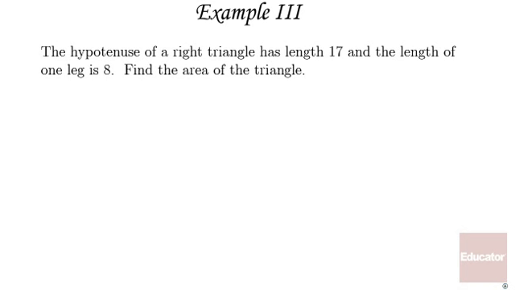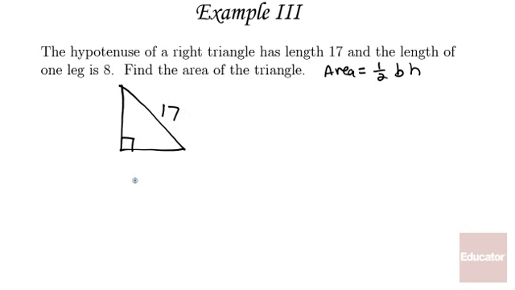Then I go on to draw the triangle, as usual. And it says it's a right triangle, and that the hypotenuse has a length of 17, and that's C. And I also know that one leg has a length of 8, and I'm not given what the other one is, and I need to find the area of the triangle.